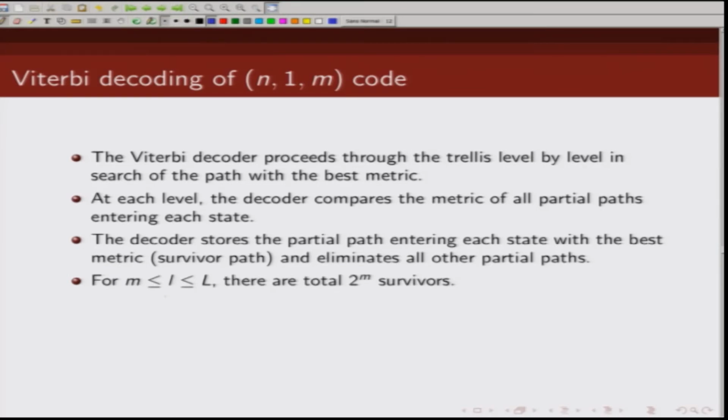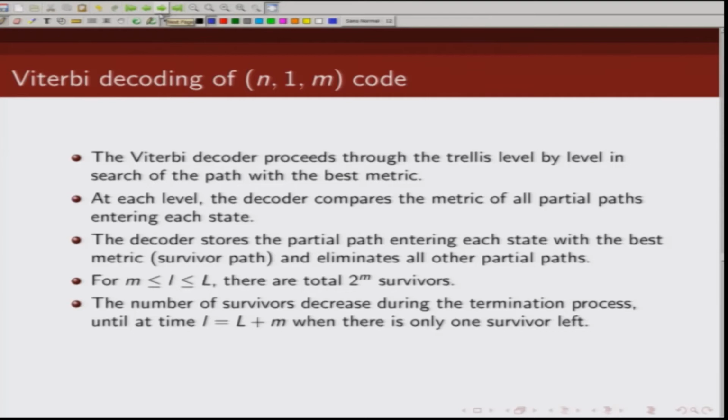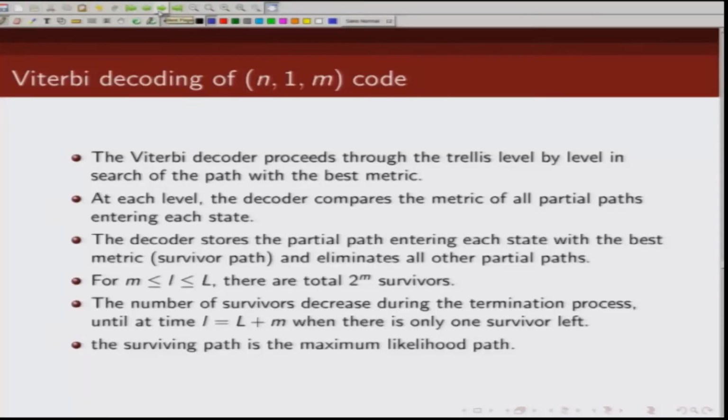So, for time instance L between m and L, there will be a total of 2^m survivors, and during the termination process the number of survivors will diminish until we reach the final all 0 state, where we will be left with only one survivor.